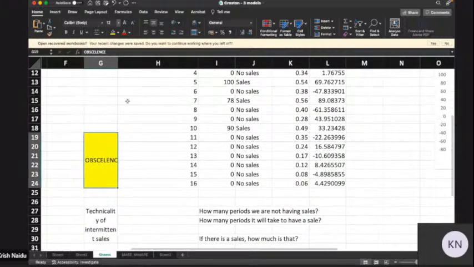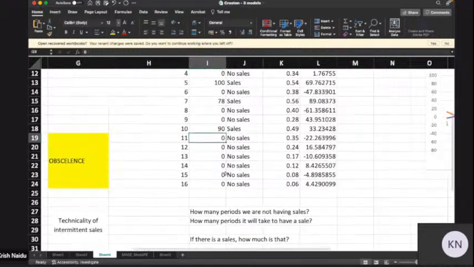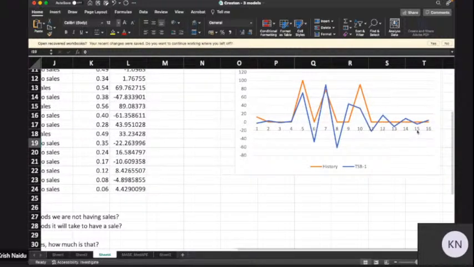This period is completely obsolete. This is the beauty of this model: our forecast is also mapping that obsolescence.